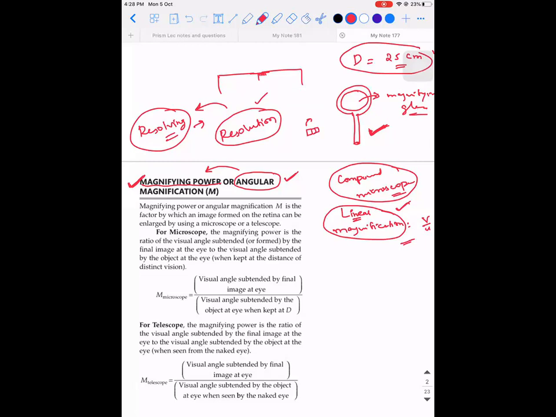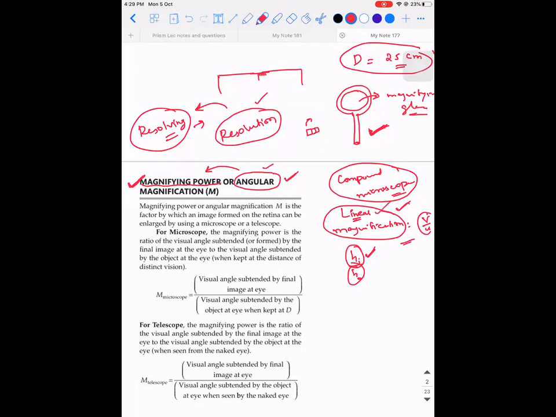Exactly. So the ratio of the size of the image to the size of the object is what is called linear magnification, h_i divided by h_0. For a lens, it comes out to be V by U, but the definition is not V by U. It is actually the size of the image to the size of the object. When we say size, it is the height, a one-dimensional parameter. That is the reason why we call it linear magnification.